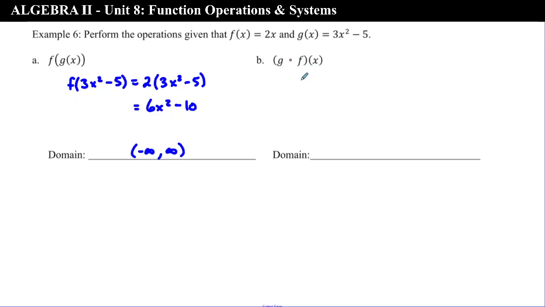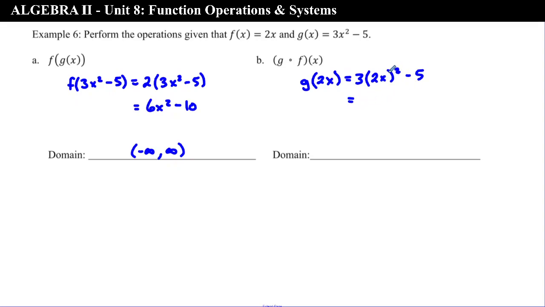Now let's do g of f of x. So we do f of x first. f(x) is 2x, and so that gets plugged in for x everywhere there's an x in the g function. So 2x goes in place of x, and then you have minus 5 on the end.